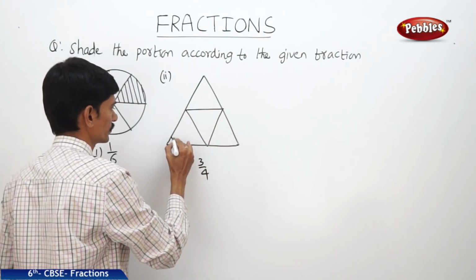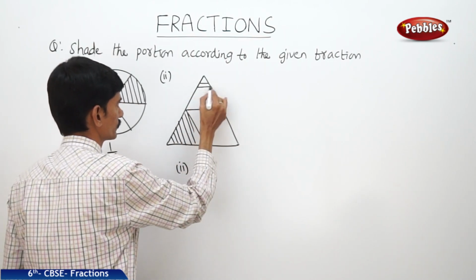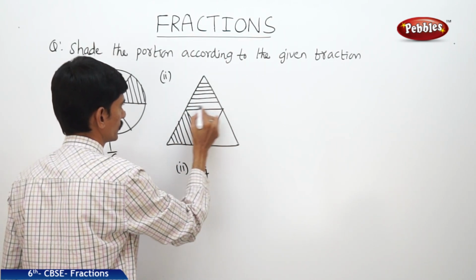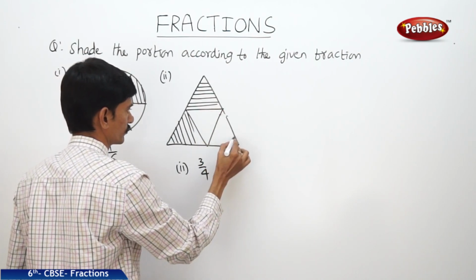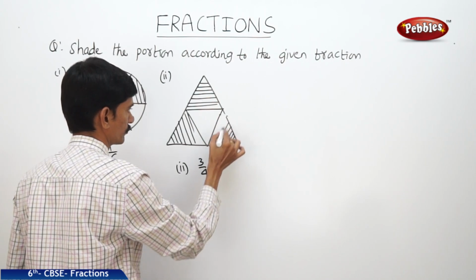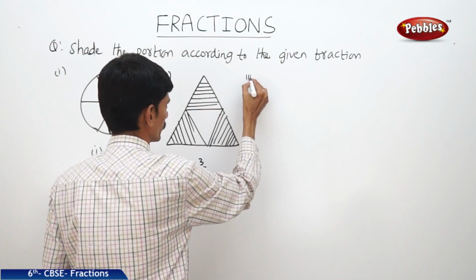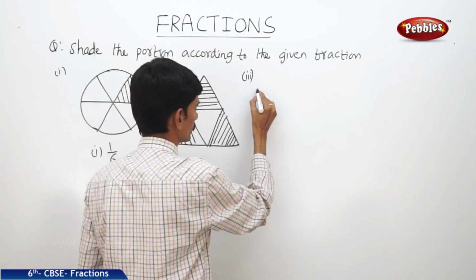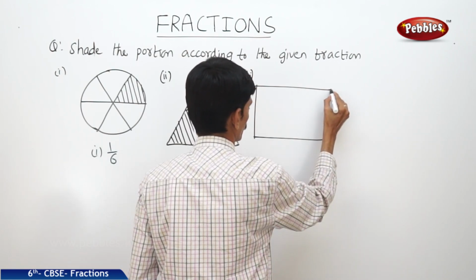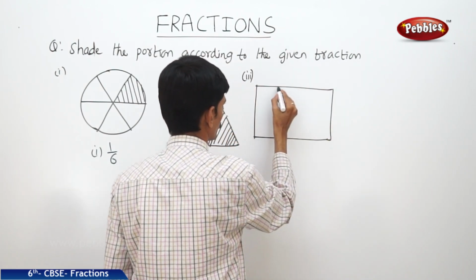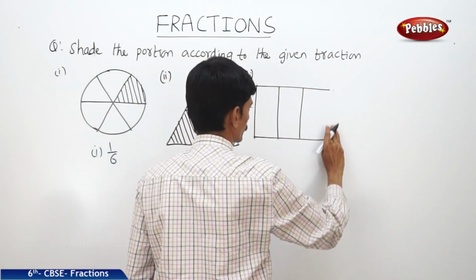So then 1, 2, 3. Next, the third one. Now there is a rectangle which is divided into 3 parts.